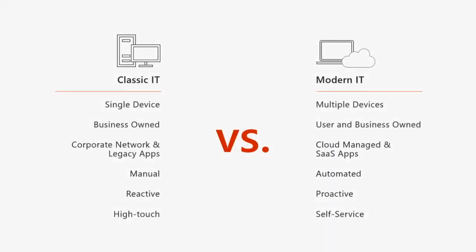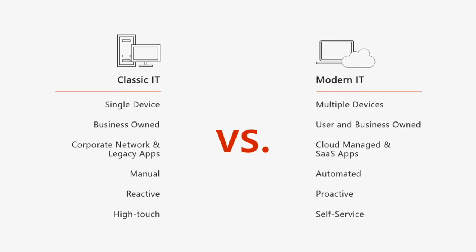But of course, reality is different, right? The way to start adopting Microsoft 365 always starts from the IT side, right? And we're used to a world where the majority of enterprises today are on classic IT. It's how it has been for the past years, where you are probably using one single device control.